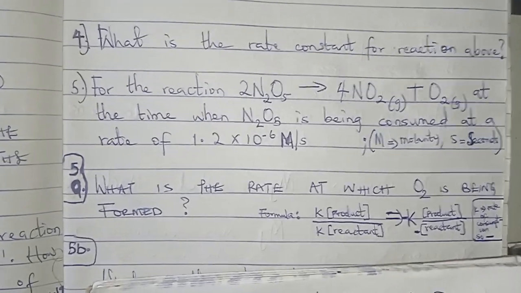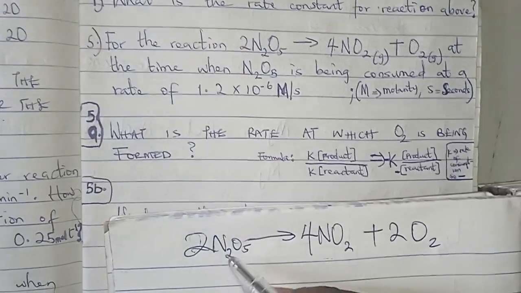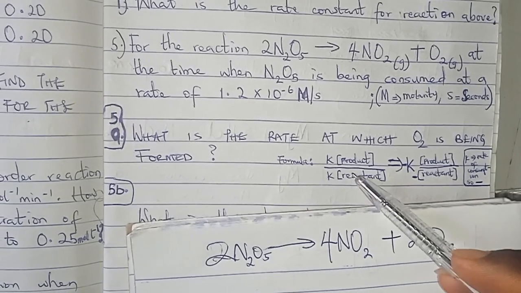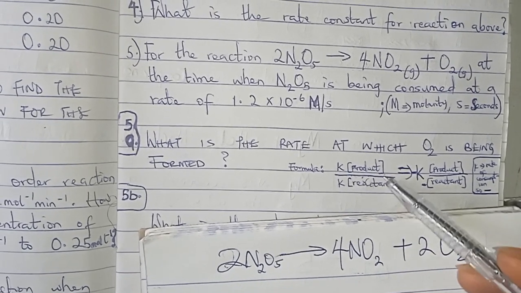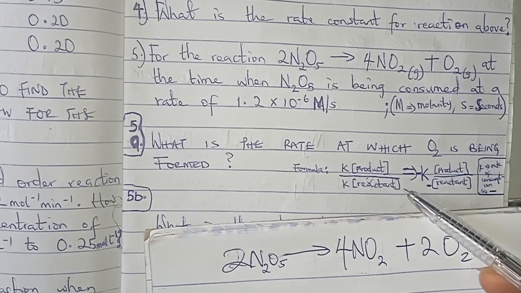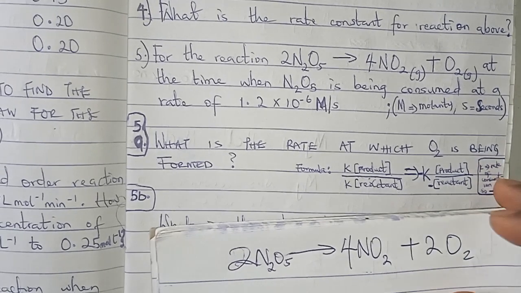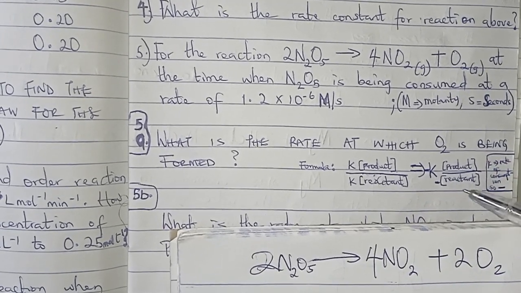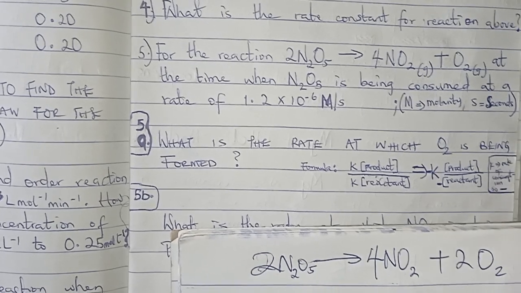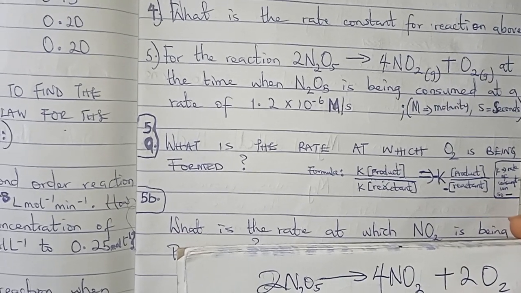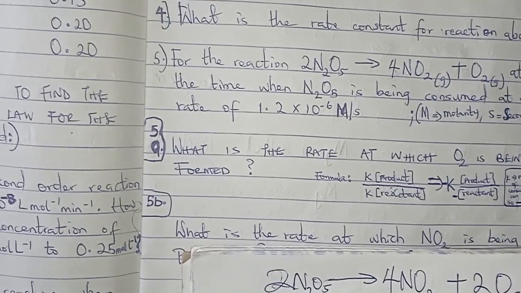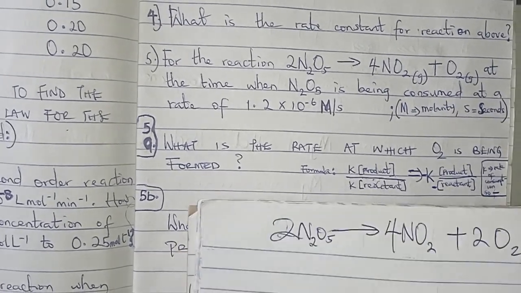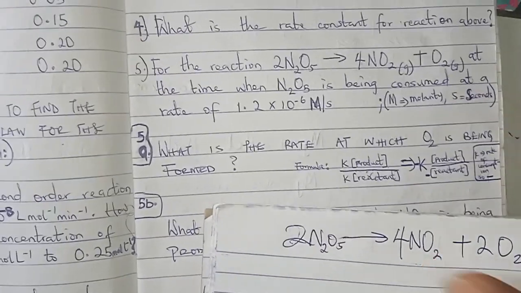Whenever you see such a question, the formula I want you to use is this: K of product over K of reactant, or K of reactant over K of products, where K is the rate of consumption or rate of production.